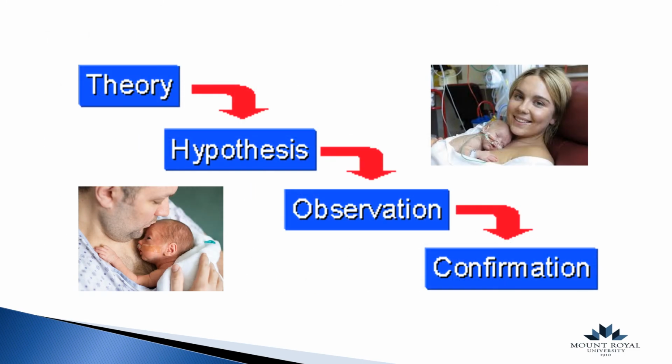Example. So we've developed a theory that mothers are less stressed and more confident if they are able to provide kangaroo mother care to their premature infant. So we come up with that theory, we develop a hypothesis, we gather data. What kind of data would we be gathering?